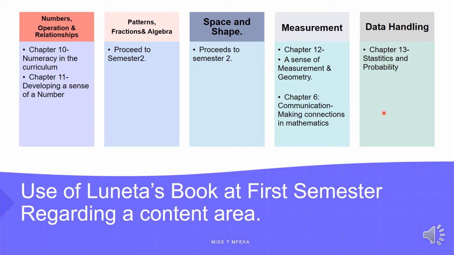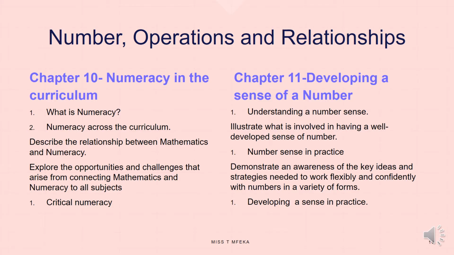Let's look at Luneta for the first semester content areas. Okay, numbers, operations, and relationships. Chapter 10, numeracy and curriculum. What Luneta has in her table of contents is, the first thing is, what is numeracy?